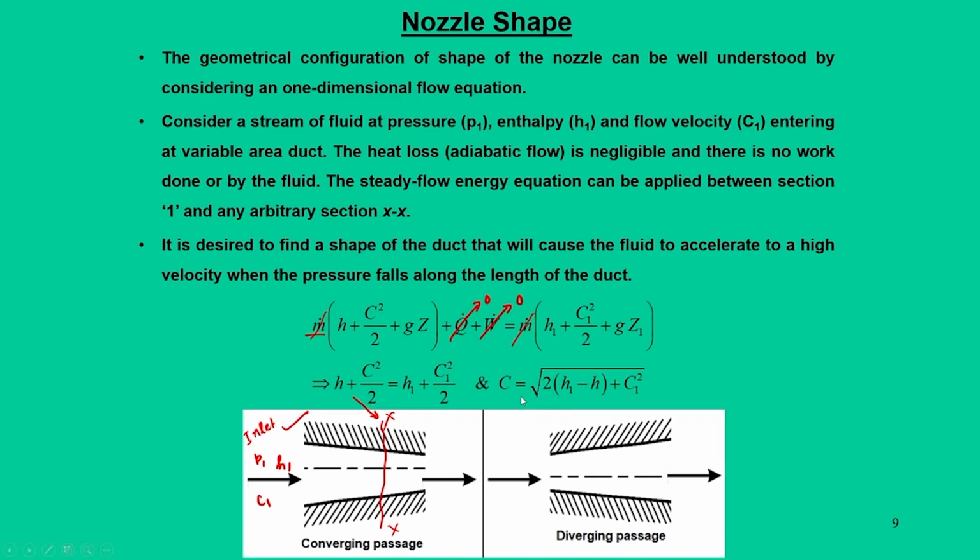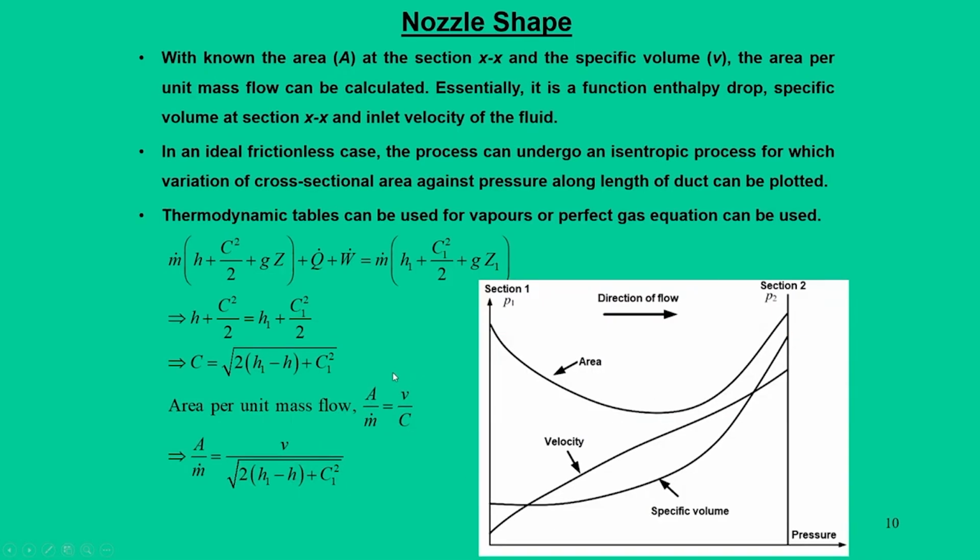So, this gives an expression for the velocity of the flow at any section: c is equal to the square root of twice the enthalpy difference plus C1 square.